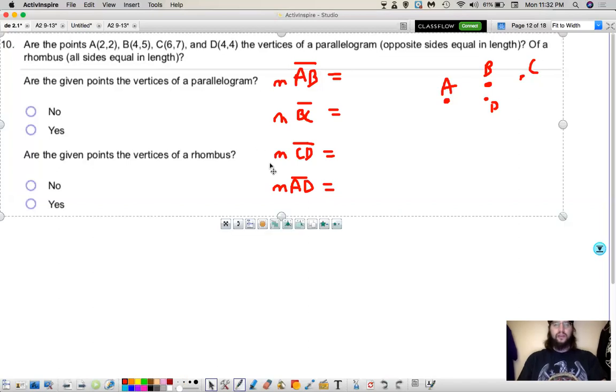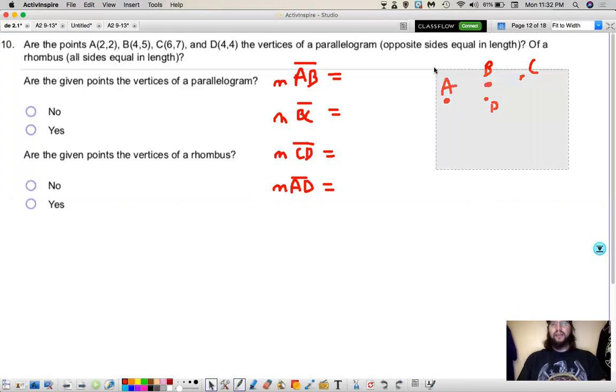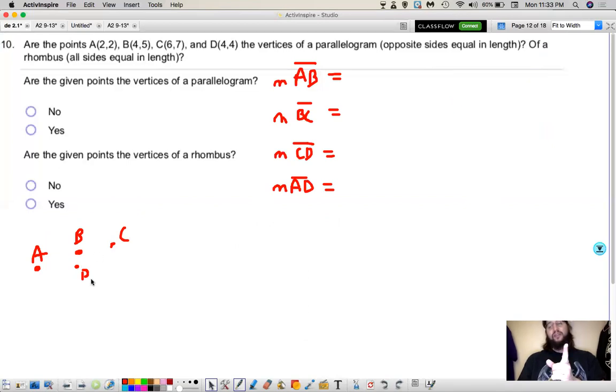So let me mark that for a second. So I just kind of plotted these points to see which sides were my sides instead of the diagonals. We're not messing with the diagonals. Actually, if it's a rhombus, we could use the properties of a rhombus to see if the diagonals are perpendicular, but we're going to go along with distance.